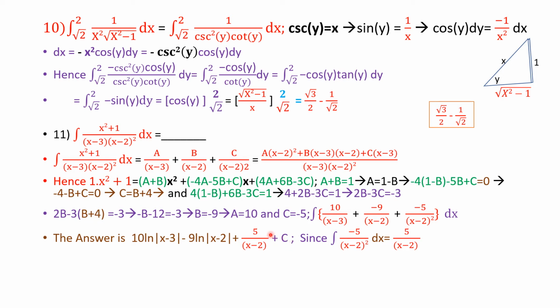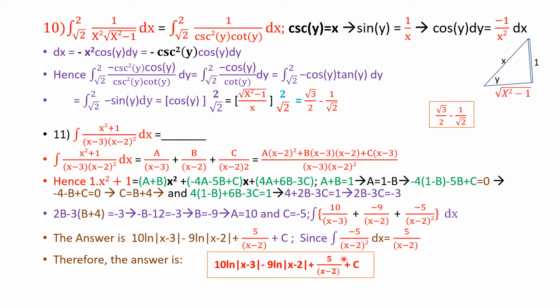Of course, this is the integration of negative 5 divided by x minus 2 squared. This integration will yield 5 divided by x minus 2, which we put over here. So this is the answer, and that's it for this question.